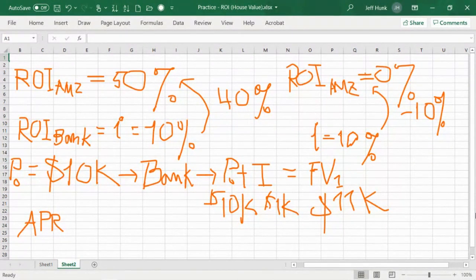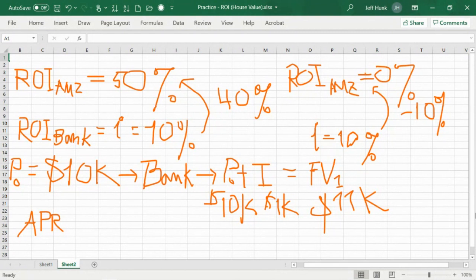Of course, the bank is not only lending money to you. They can invest that 10,000 in Amazon stock, but then there's a risk. That investment in Amazon stock could turn into a 50% return or a 0% return.